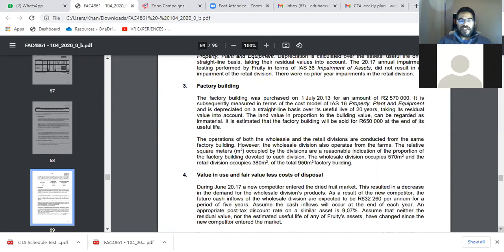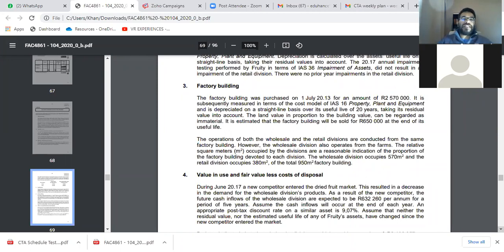As you can see, more than one cash generating unit is utilizing this asset. A part of the asset is utilized by wholesale and a part of the asset is utilized by retail. As a result, this asset is a corporate asset because it meets two criteria. Number one, it cannot generate cash inflows independently. And number two, more than one CGU is using this asset, okay?